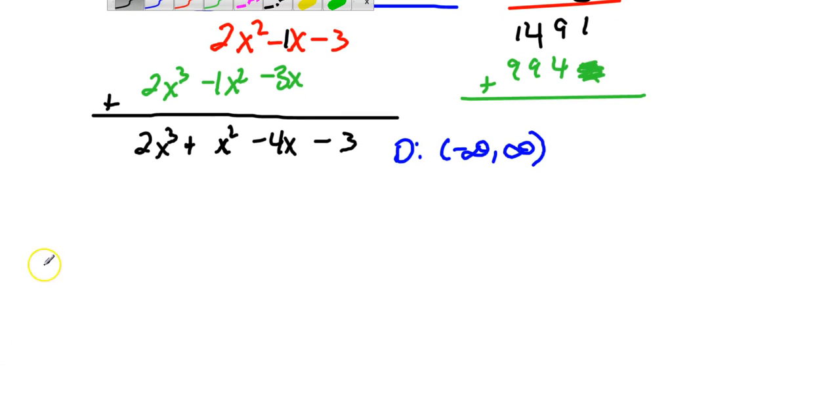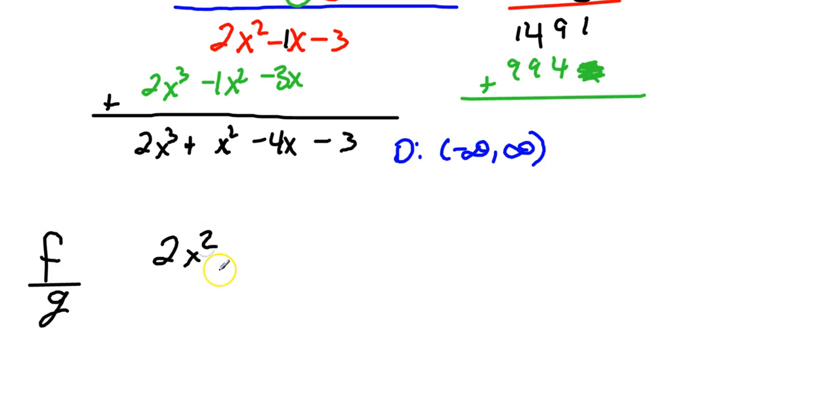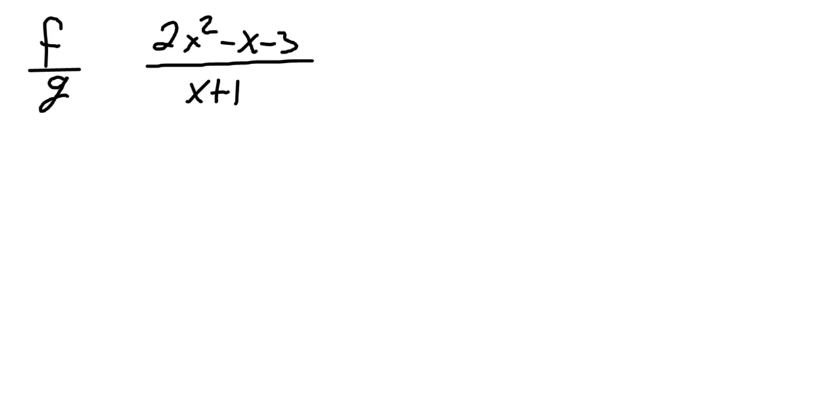All right, and division. Here we go. Here's the one where we actually do have one restriction we've got to worry about. We've got 2x squared minus x minus 3 over x plus 1. Now, if you want to, we can go ahead and get the domain part out of the way.